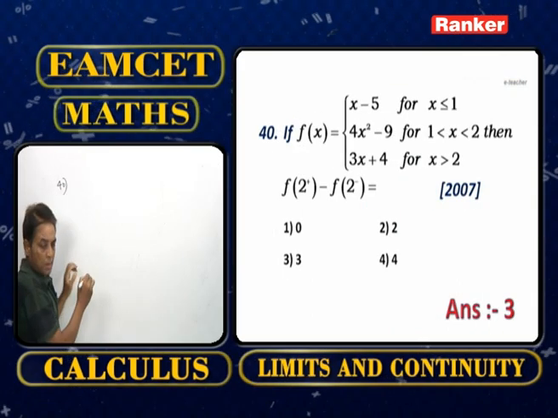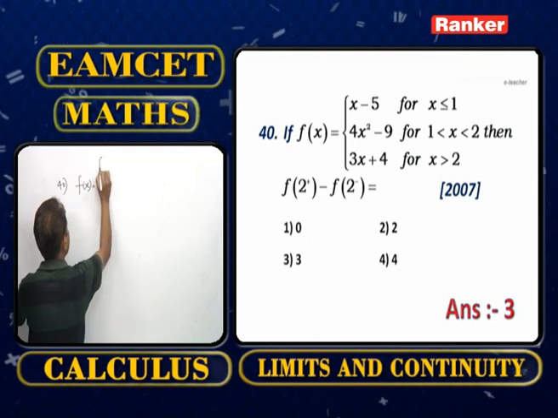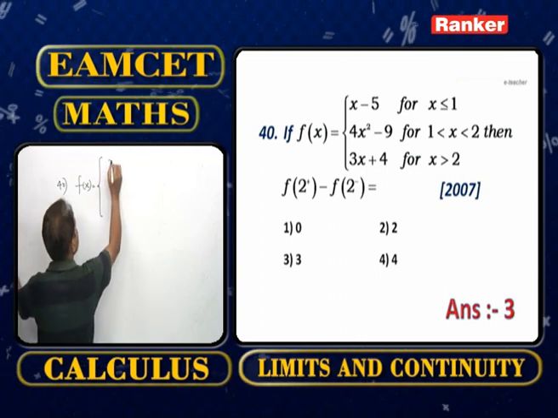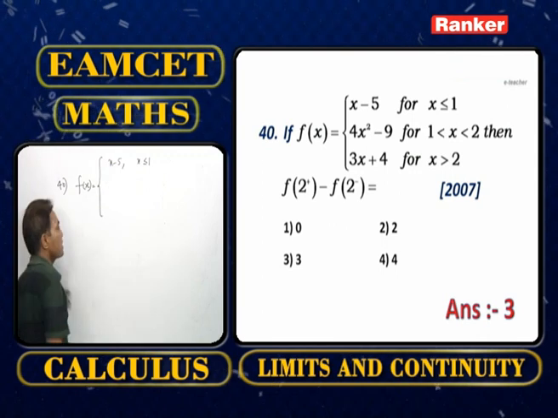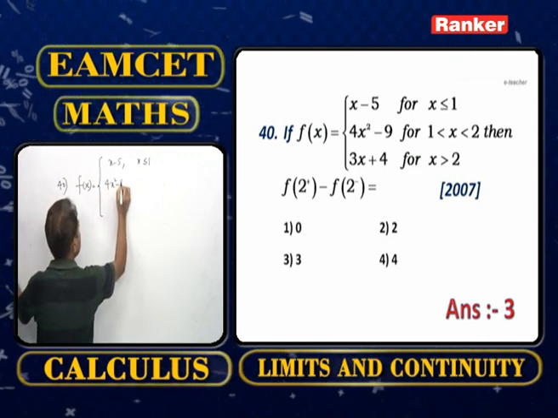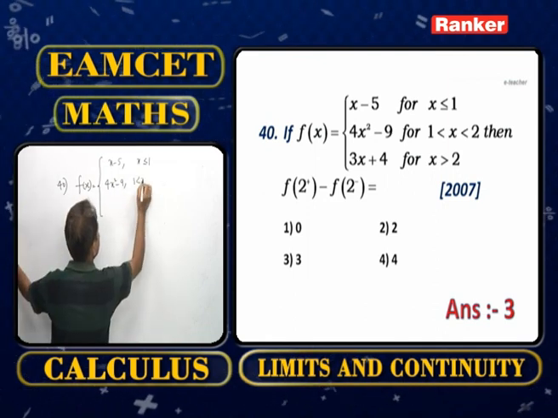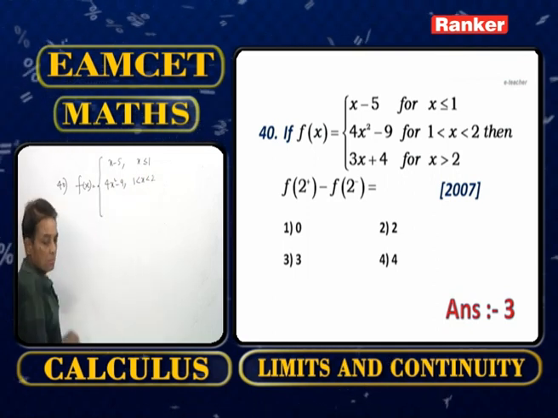Question number 40. Here also the definition is given, f of x with 3 different definitions. First one is x minus 5 when x is less than or equal to 1, we make use of this. Next, 4x square minus 9, another definition, when x is between 1 and 2 we have to make use of 4x square minus 9.